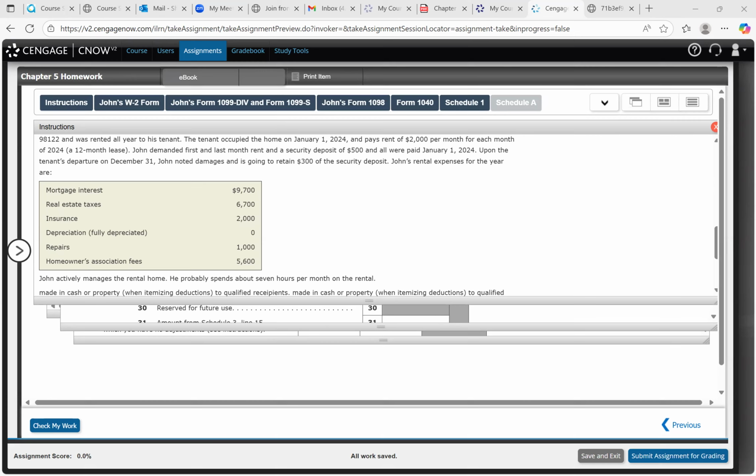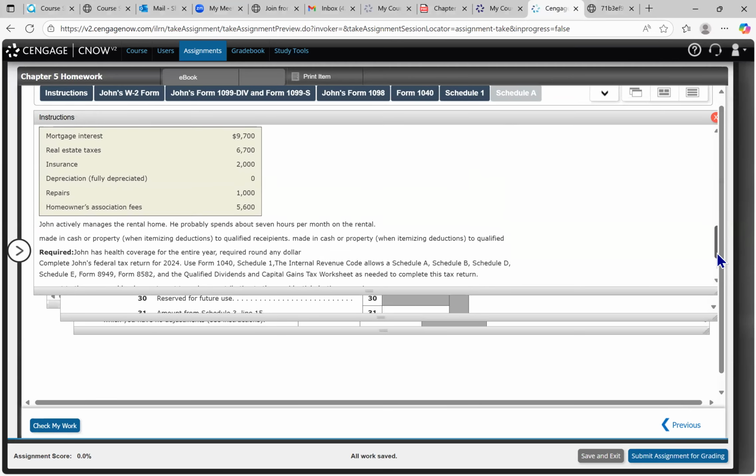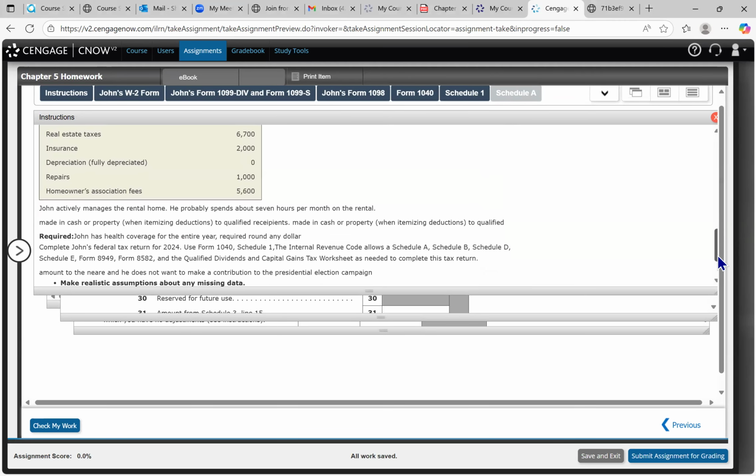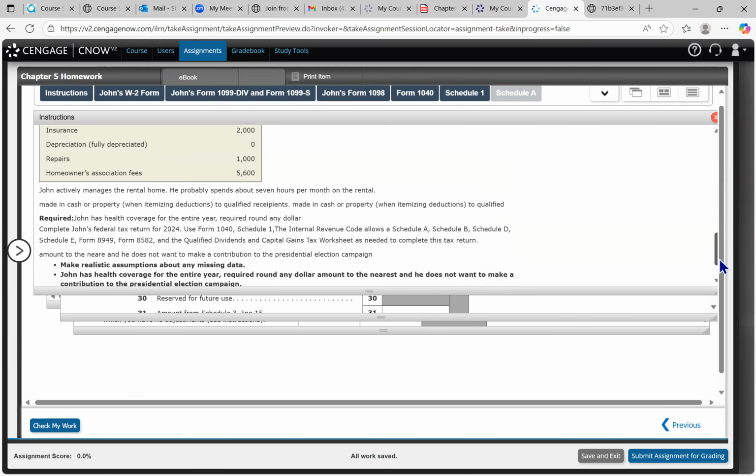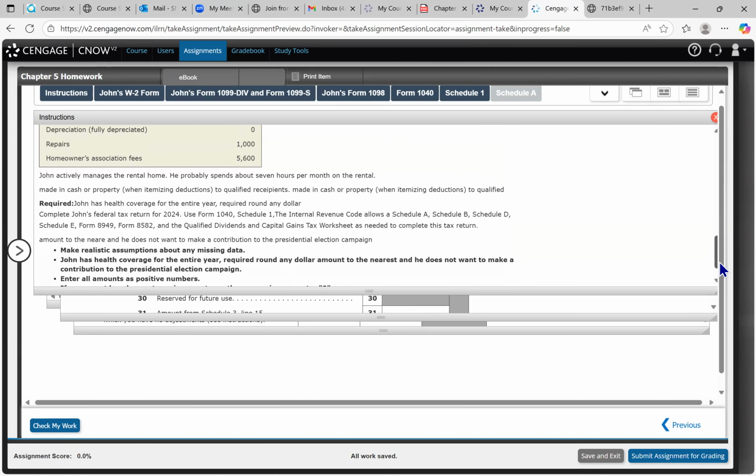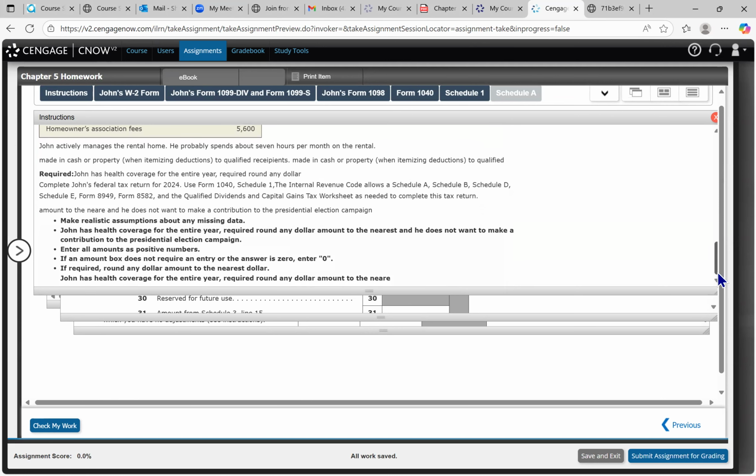I am wondering if I missed anything in here. Let me look back at the rental property. John has health coverage. Complete John's federal return, complete Schedule 1, A, B, D, E, qualified dividends, and capital gain worksheet as needed to complete the return.